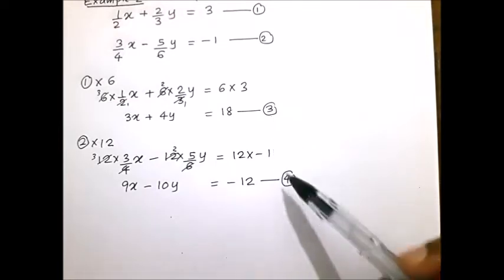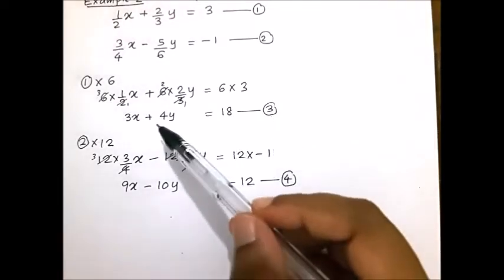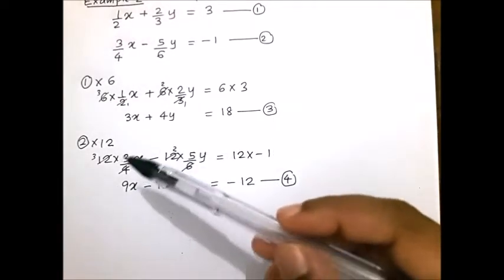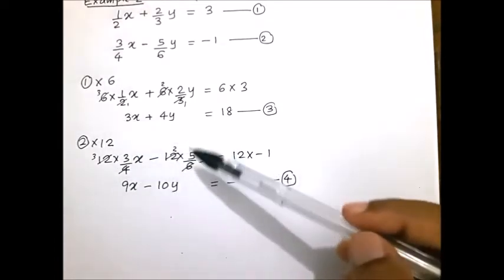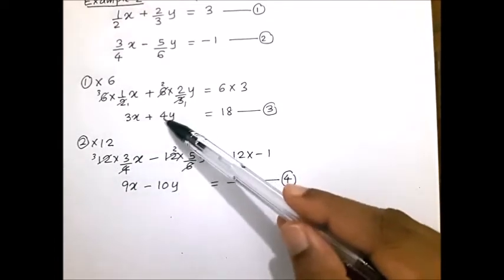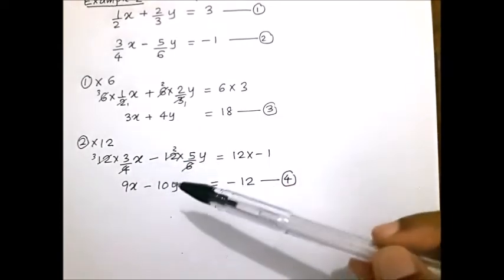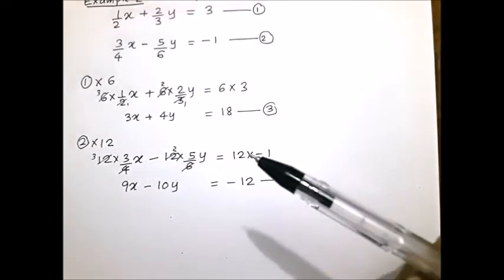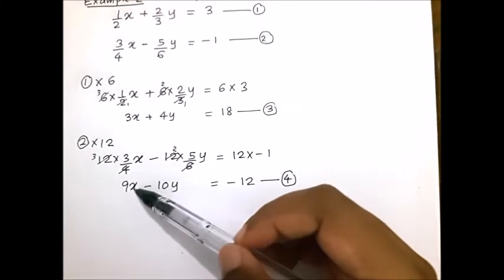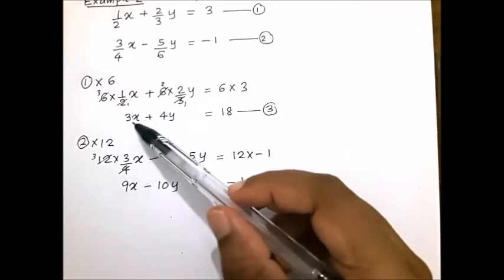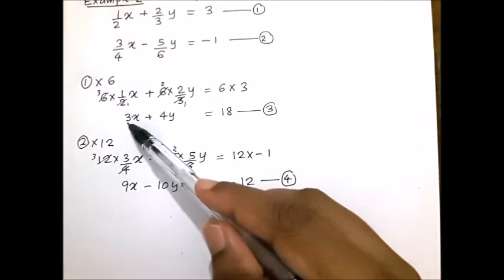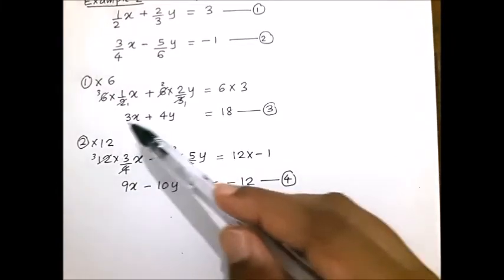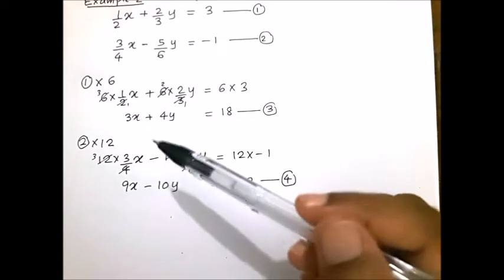Now in third equation and fourth equation all coefficients are integers. But the coefficient of these terms are not equal. Here 3, here 9. Coefficient of y also not equal. Then you have to convert coefficients into an equal term. If you are converting coefficient of x terms into an equal term, you can convert this into 9 by multiplying this equation by 3.